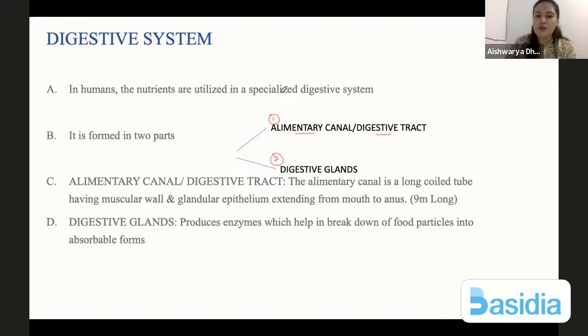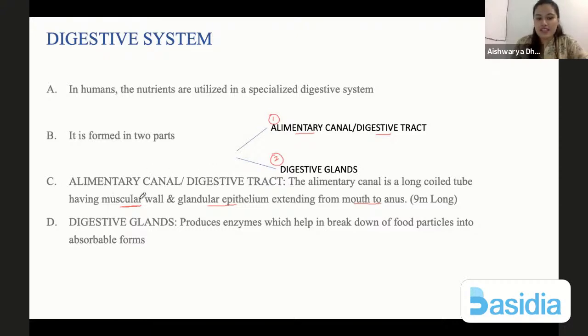Okay. So when we are talking about alimentary canal, it is the tract that goes from your mouth till the anus. All the digestive organs are a part of the alimentary canal. So the alimentary canal is a long coiled tube having muscular walls and glandular epithelial tissues which extend from the mouth to the anus, and the entire structure is about 9 meters long.